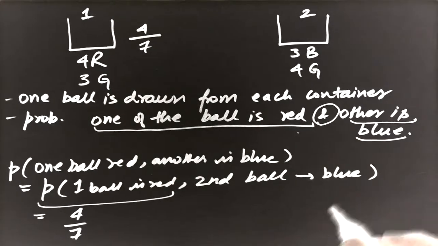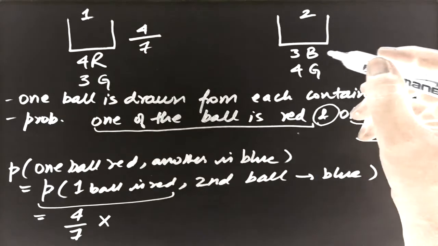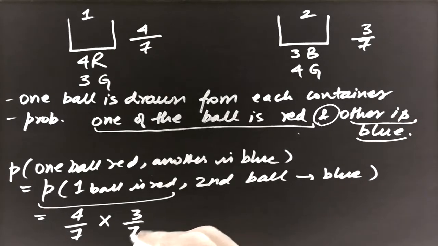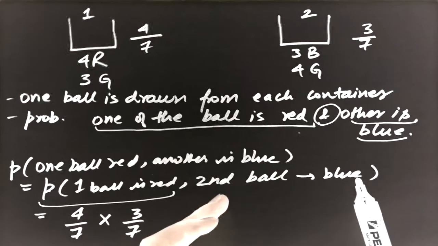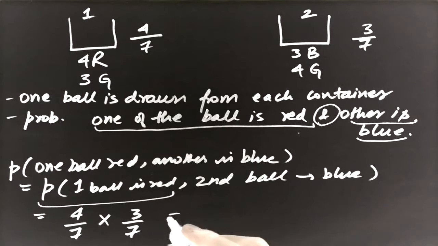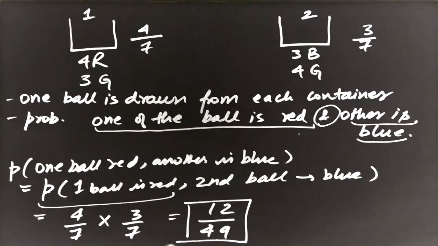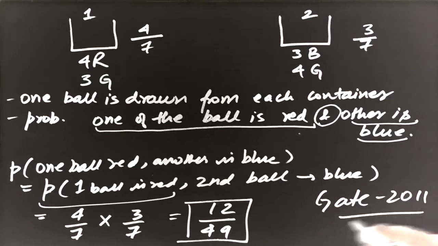And the second ball is blue, so it will be 3/7. So first the red comes and then the blue. So its probability will be 4/7 into 3/7. So this will come out to be 12/49. So this question was from GATE 2011.